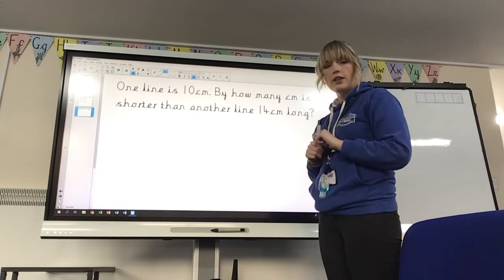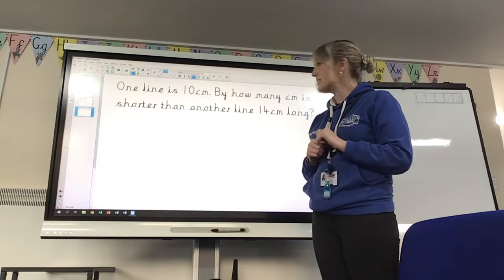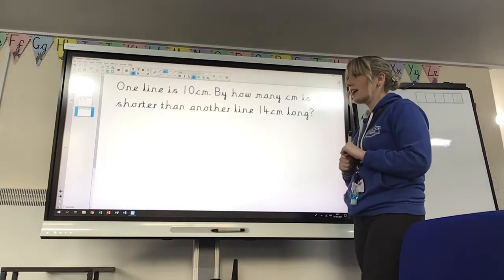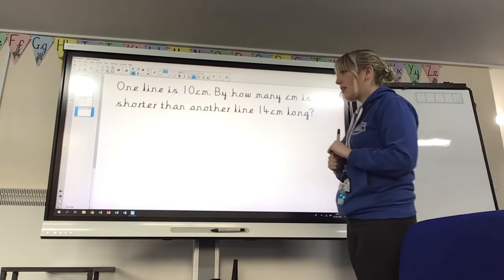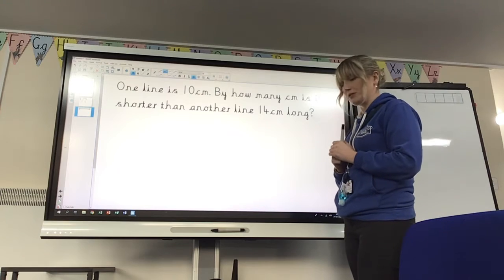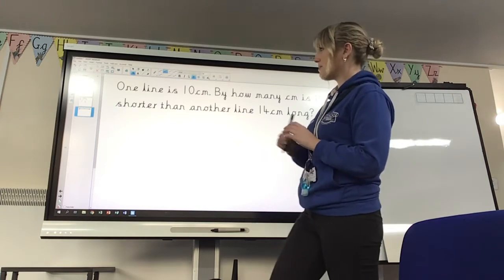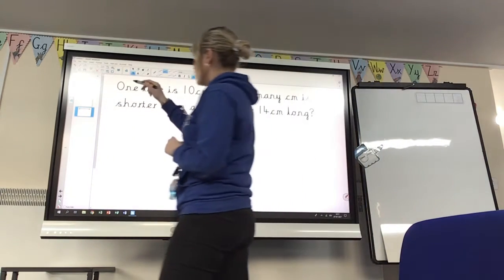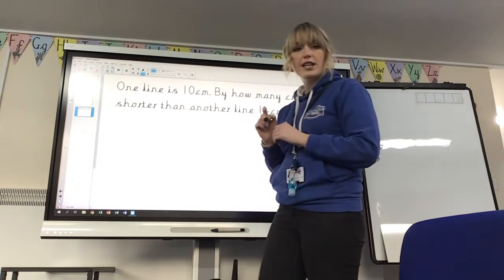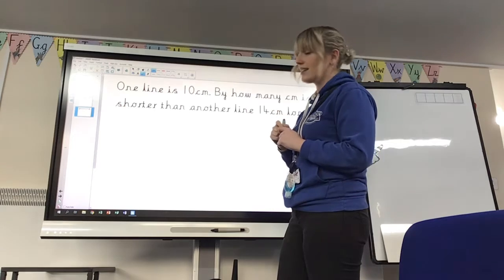It says, one line is 10 centimetres. By how many centimetres is it shorter than another line 14 centimetres long? Okay, now I'm going to do a bit of drawing for this. And you might do some drawing too. And if you've got a ruler at home, you could even draw them the correct size.